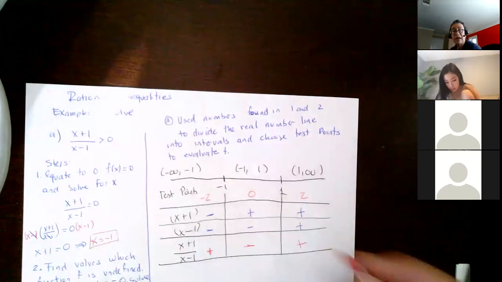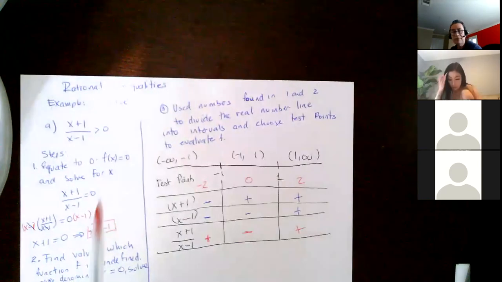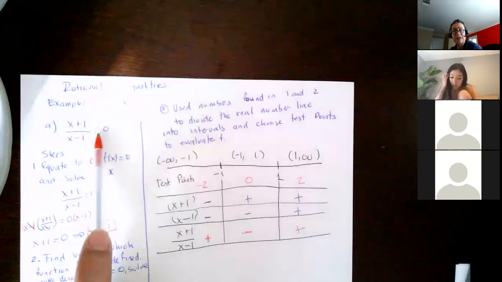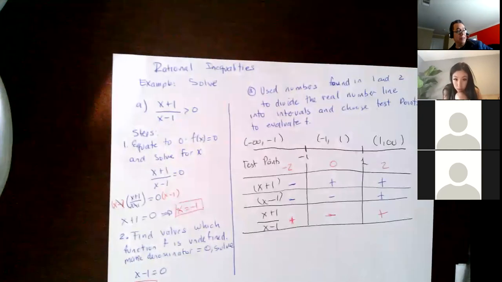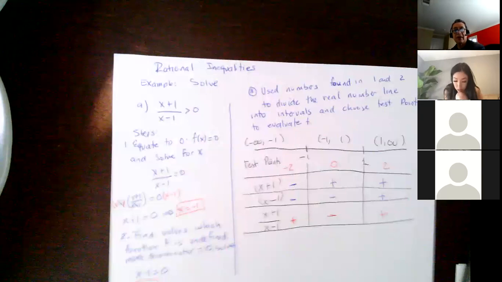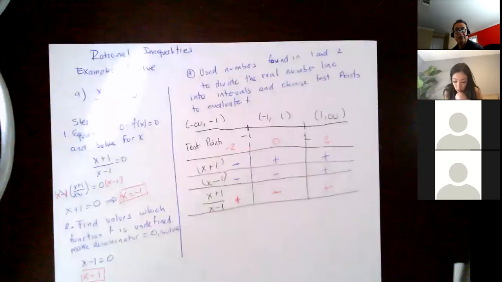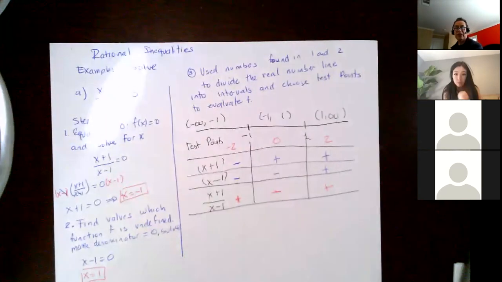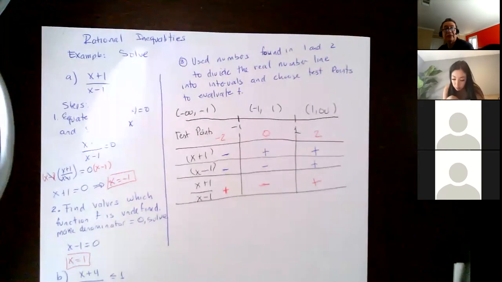All right. Now that you found your signs, go back to the inequality and check the sign again. Since this is greater than 0, we're looking for positive numbers, right? So we're going to choose the intervals where we got the positive values, based off the last row.